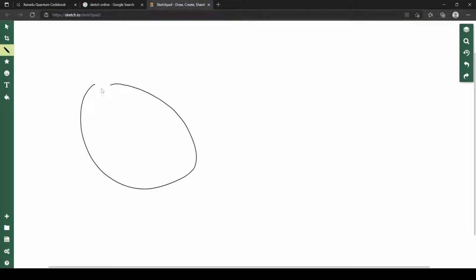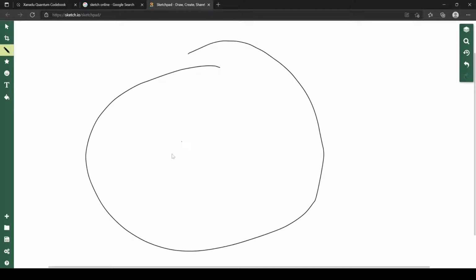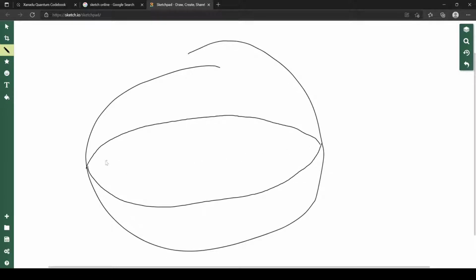So if we have our 0, it's probably easier to draw a little sphere. So, right, we have our sphere, and so this is the X, this is a Y, this is the Z. Not a great sphere, I know. So this is the 0 plus 1 state right here.